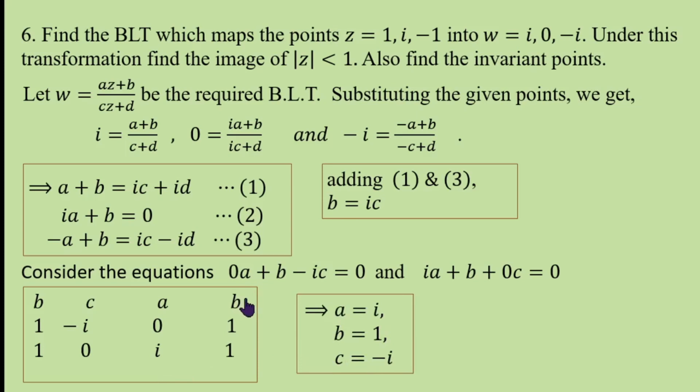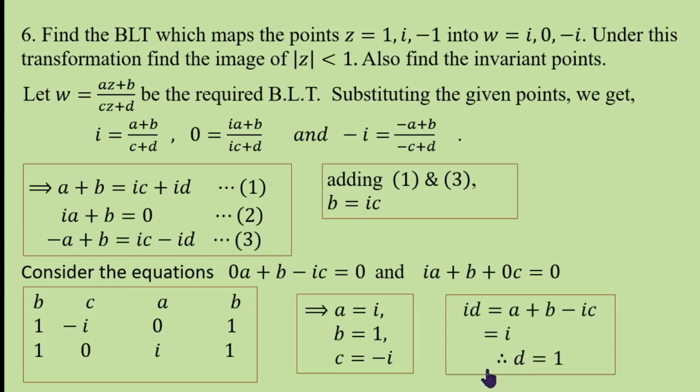And to find the value of D, use either the first equation or the last equation. In the first equation, iD is A plus B minus iC. A plus B minus i into C, C is minus i, minus i into minus i is plus 1. A plus B, i plus 1, equal to 1 plus iD, cancel 1. So iD is i, therefore D is 1.